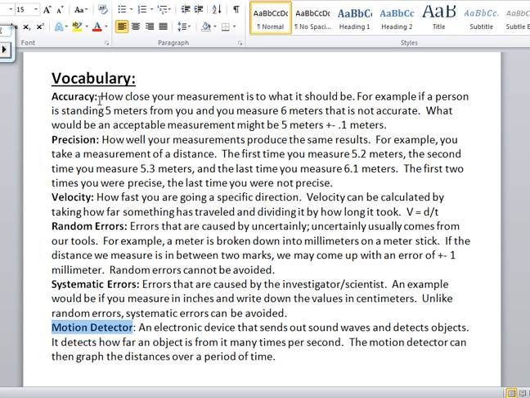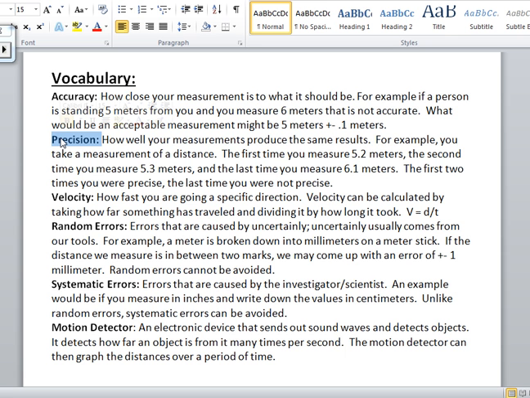Now, if someone comes up with an answer of 100.5 yards and the second person comes up with a measurement of 110 yards, then we know the first person is the more accurate person. They're closer to what the actual answer is. Precision, on the other hand, is how close is one measurement you take to a second measurement you take.